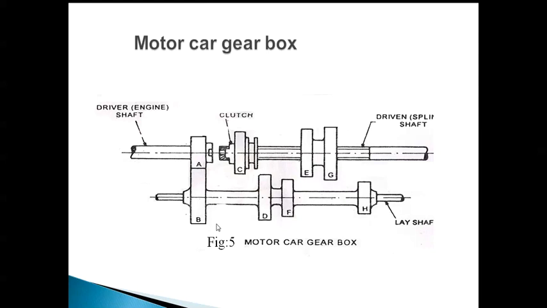The axes of the driver shaft and driven shaft are coaxial. So here this is the driver shaft and this is the driven shaft. Both shafts are collinear. The driven shaft is splined so that the gear C and compound gear EG must revolve with the shaft and also slide along it.